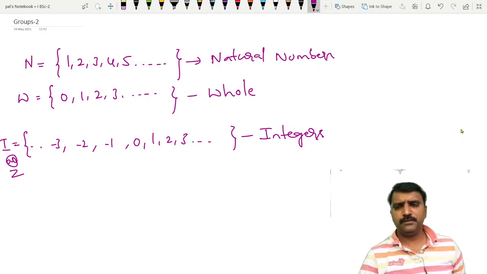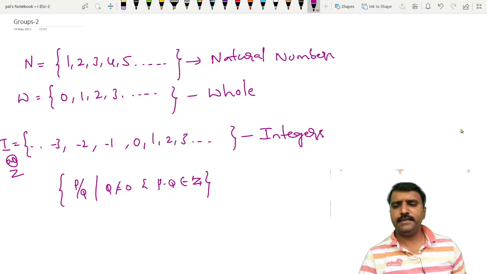Another category of numbers is like this: a number that can be written as P by Q, such that Q is not equal to 0, and here P and Q are integers. Any number expressed in the form of P by Q belongs to this set. We denote this set by Q, and we call it the set of all rational numbers.